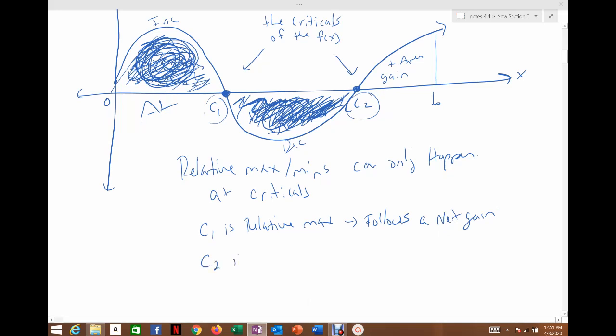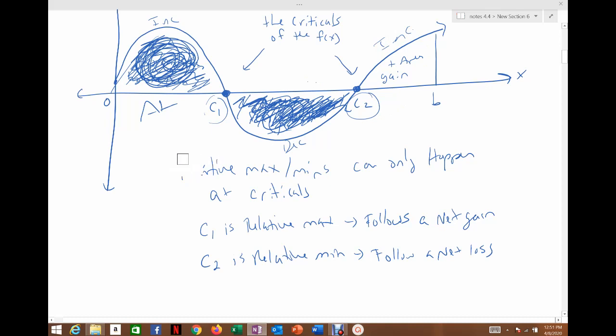My second critical value would be my relative minimum. Again, because it would follow a net loss, right? This would be a loss, and it's following a net loss, and then on the other side I'm gaining, and so that would be minimum, right? I'd be going down and then back up again because I switched from decrease to increase.